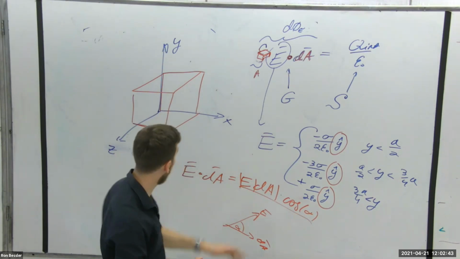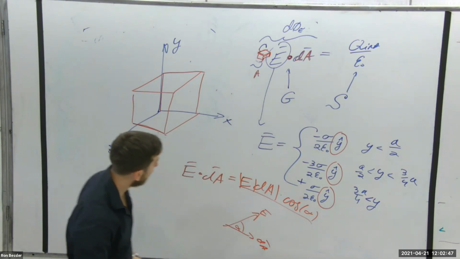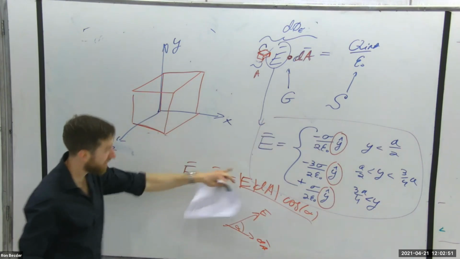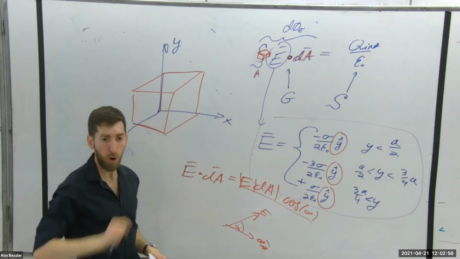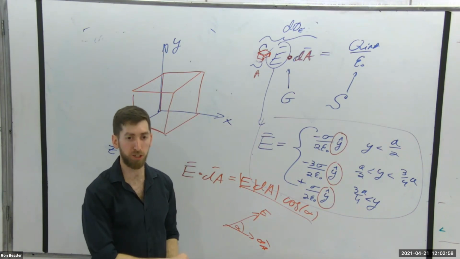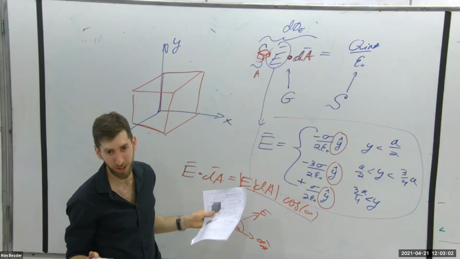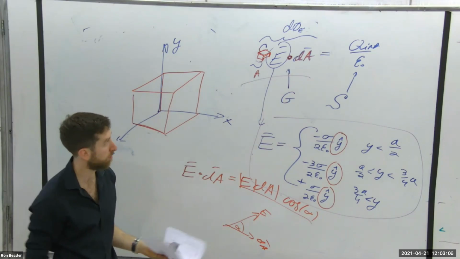Perfect. So they asked me: knowing that this is the electric field, what is the charge inside the cube? Only inside the cube. Can you tell me what the charge is? This is the definition of Gauss's law. Gauss's law says, take an imaginary surface.